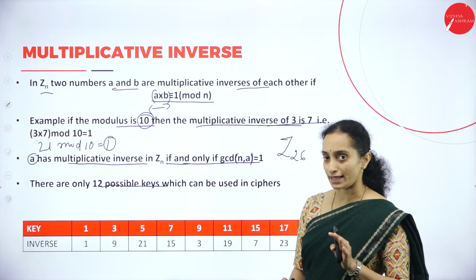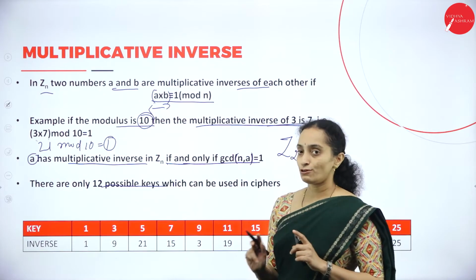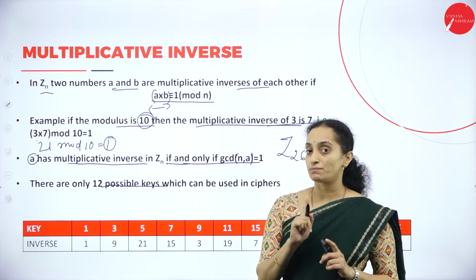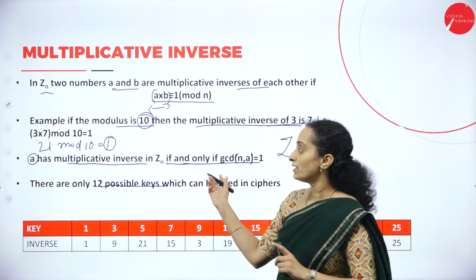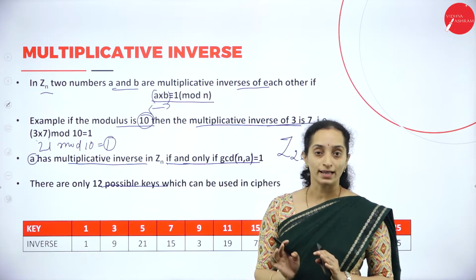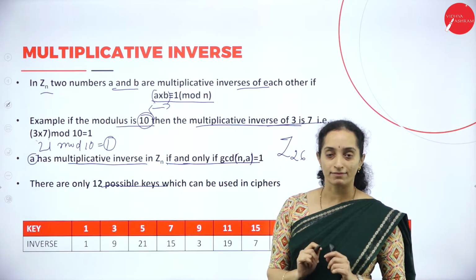If the GCD of these two numbers does not become equal to 1, then that number cannot have a multiplicative inverse.